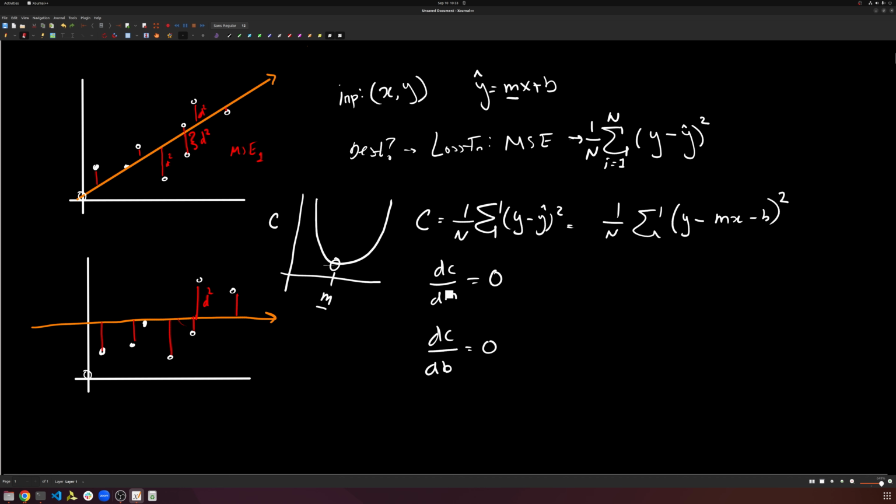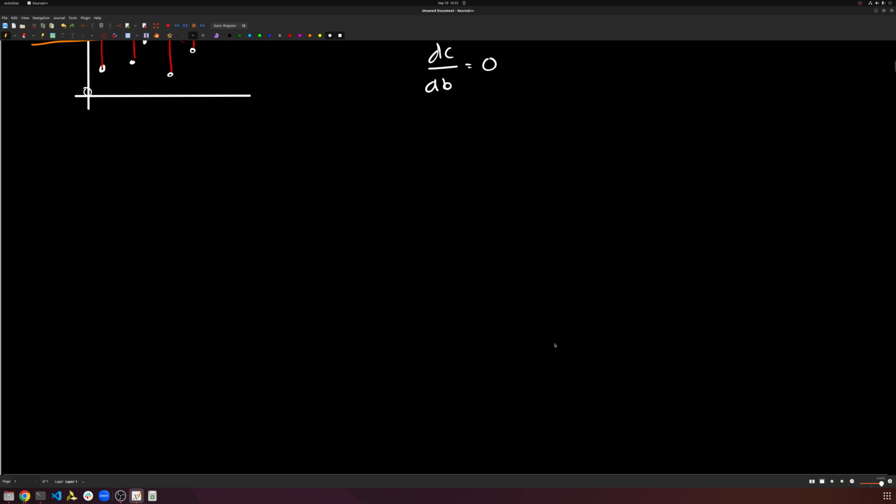There's a little bit of fun manipulation you get to do, but this form is actually not super helpful for us. The reason being, this is a simple linear regression with just one input x. But what if we had multiple? So let's scroll down a little bit. Right now, we have y equals mx plus b, but what if our function was this? y is equal to w0 plus w1 x1 plus w2 x2 plus dot dot dot plus wm xm.